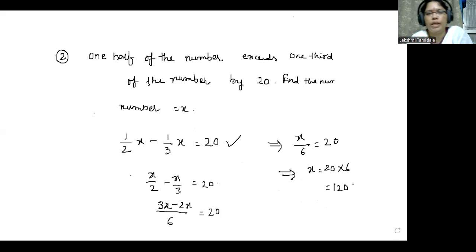So our solution is right. That is the way how we have to solve equations and word problems in linear equations in one variable.